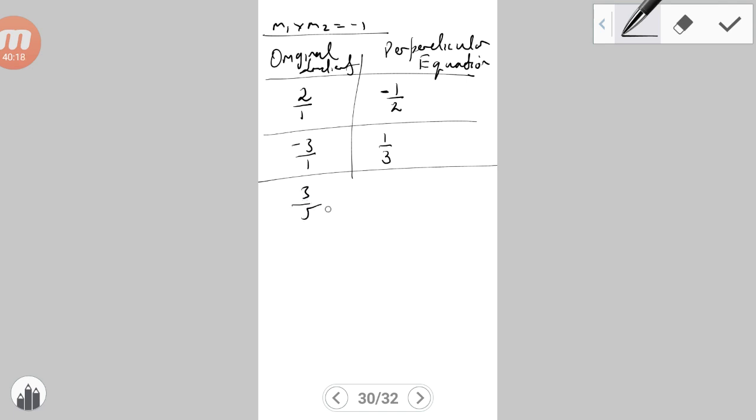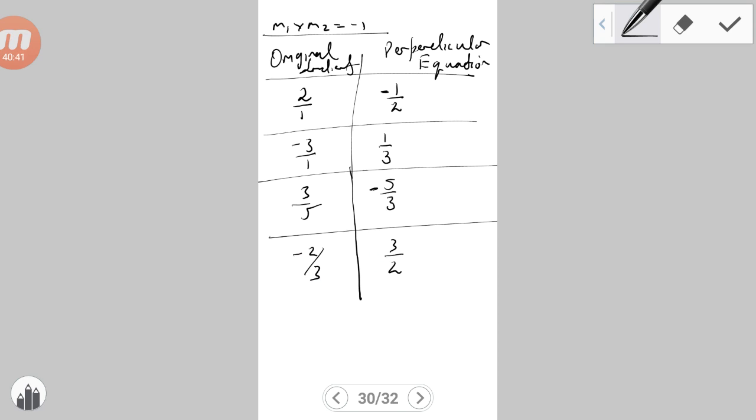Let's say that we have 3/5 as our gradient. So if I invert this, I'll get 5/3. And because the 3/5 was positive, this is going to become negative. And if it's minus 2/3, then inverting this, I'll get 3/2. And 2/3 was negative, so it becomes positive. So we're good to go.